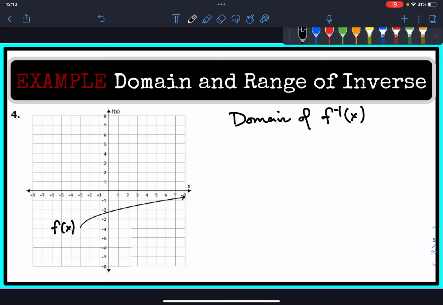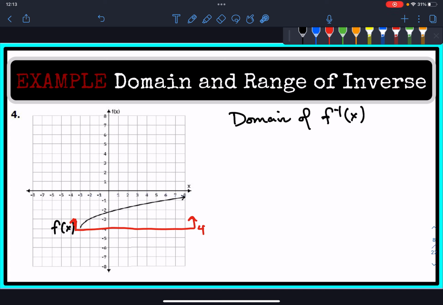Well, since the domain and range switch for the inverse, the way I find the domain is by looking at the range. And this graph exists above the y value of -4. It has no upper boundary. It's going to continue moving up, up, and up. It does not stop at this value nor at 0.